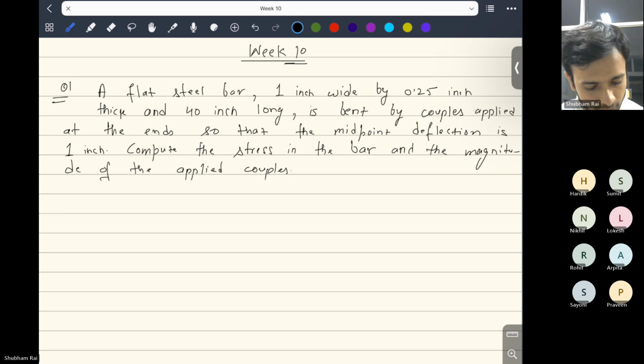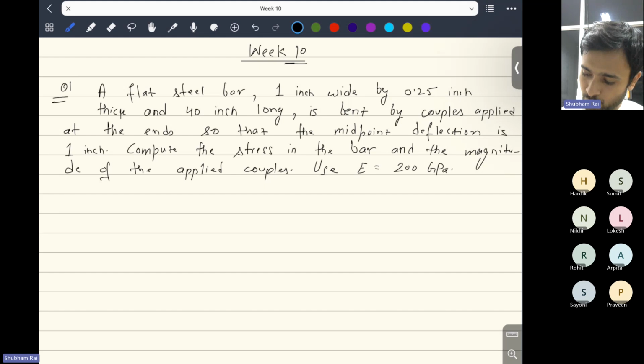Generally you have material properties and a given force and you find the displacement. Here you are given the deflection and you have to find the force. So material properties and deflection are given to you. You have to find moments or forces. You have to use material property E equal to 200 GPa.